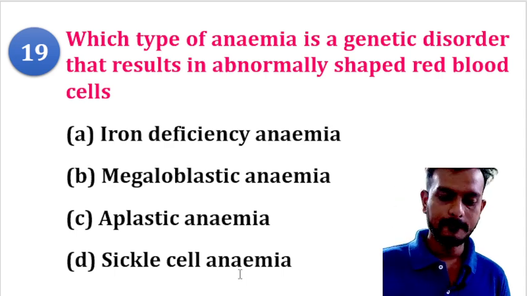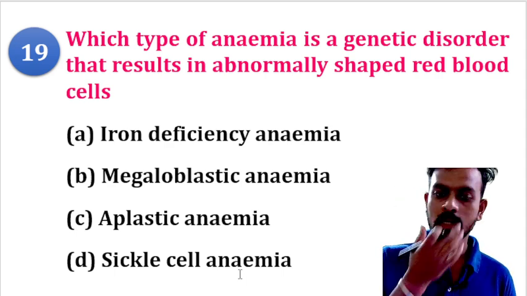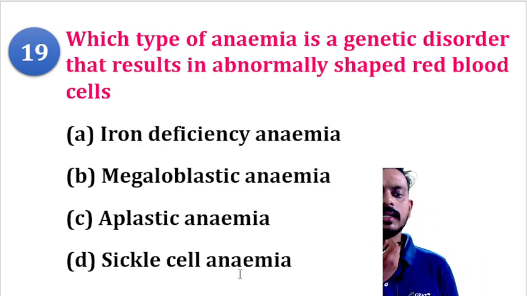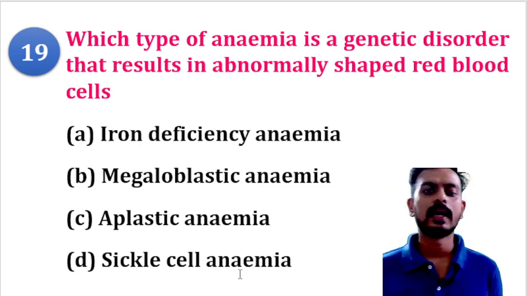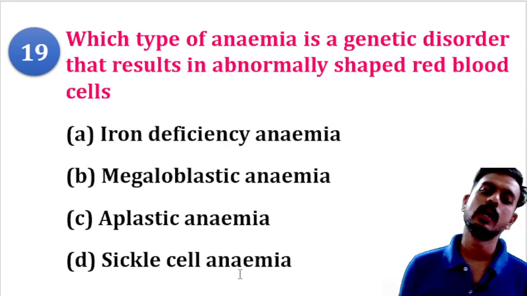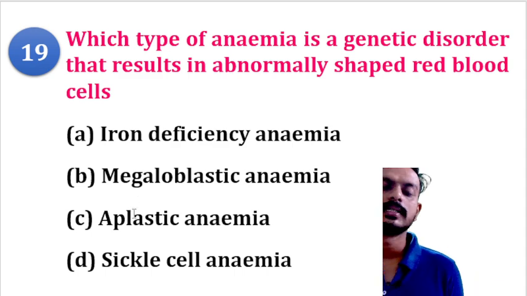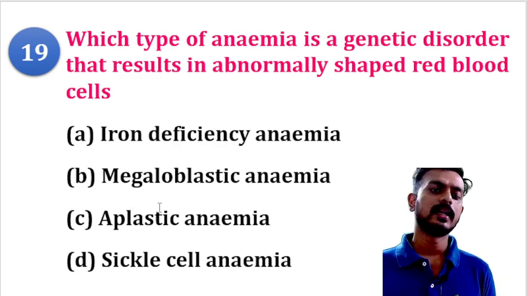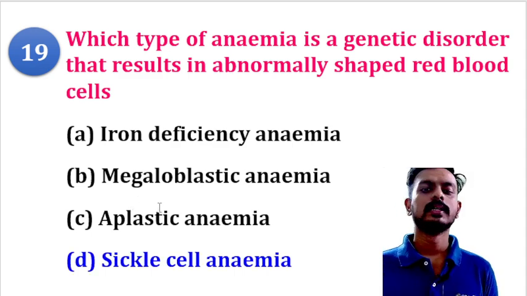Which type of anemia is a genetic disorder that results in abnormally shaped red blood cells? Iron deficiency anemia, megaloblastic anemia, aplastic anemia, or sickle cell anemia? Remember, in sickle cell anemia abnormally shaped red blood cells are produced.